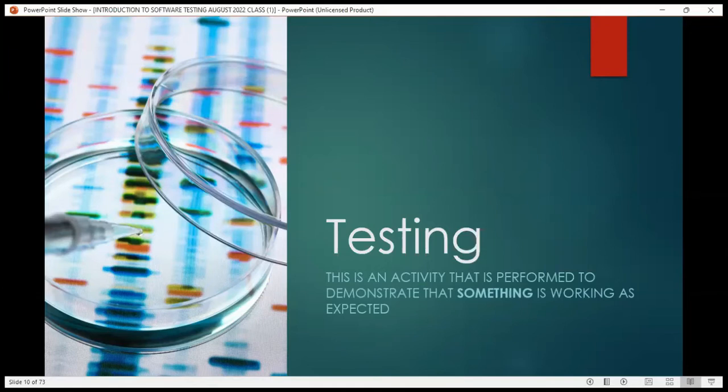Is the water the right temperature that I want? Is the car the exact things that I want in the body of the car? The dress I ordered for, is it exactly what I want? This just to ensure that something, a system, a product, an application, anything is working as expected.